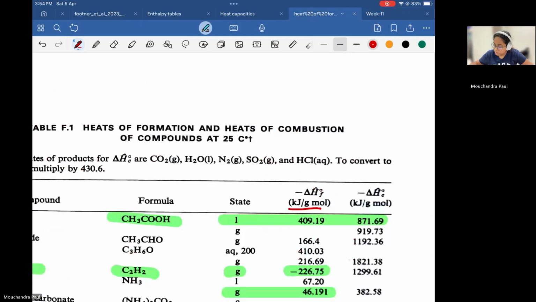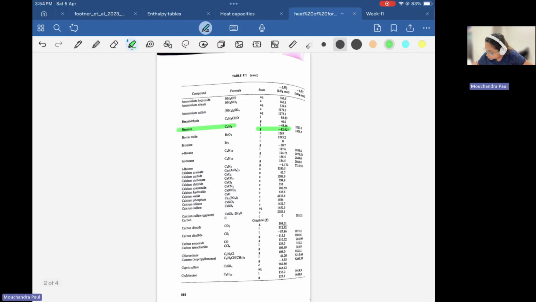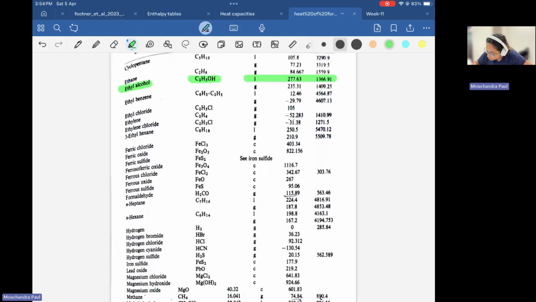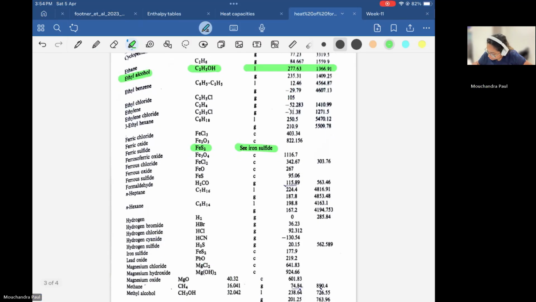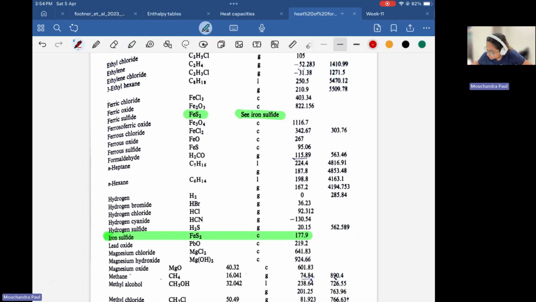For FeS2, iron sulfide, it is in form C. So state C. This value is 177.9.